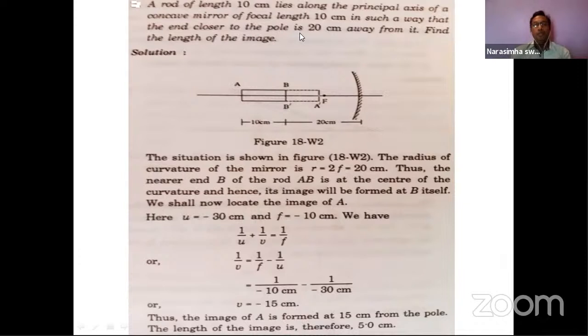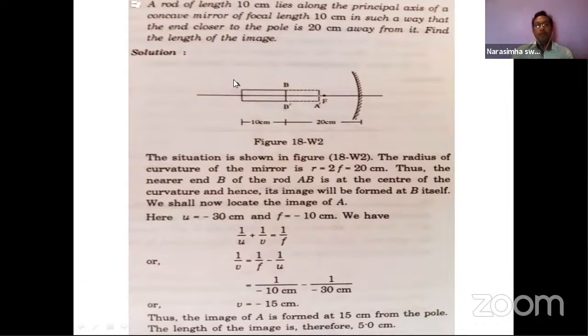The distance between the mirror and the edge of the rod closer to the mirror is 20 centimeters. Now find the length of the image. That is what is being asked.